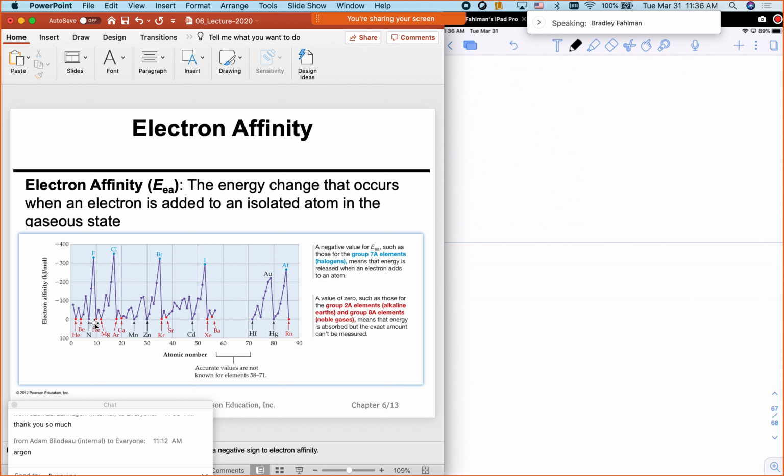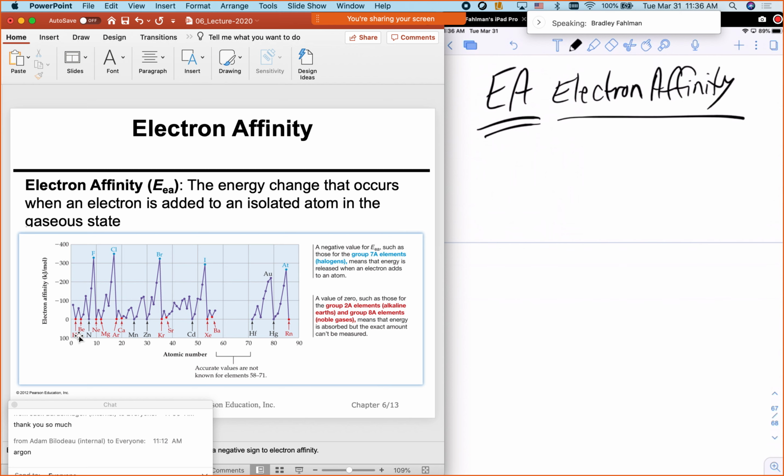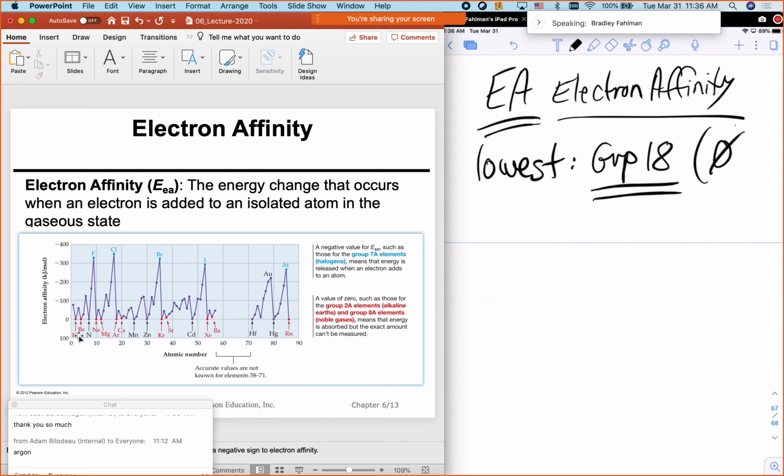Here, the trends, in electron affinity, I guess I should write it out. Notice that the lowest electron affinity is the group 18s. They'll have values of 0, and the reason for that is because, again, they're already stable. They don't want to add any electrons, and they don't want to remove any.